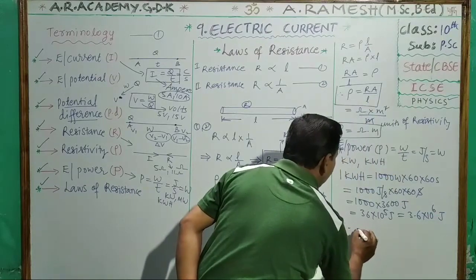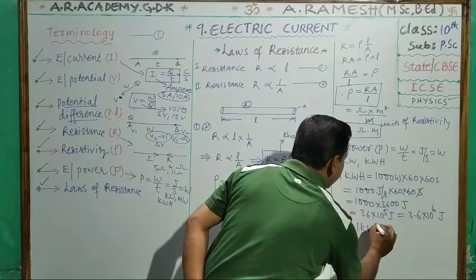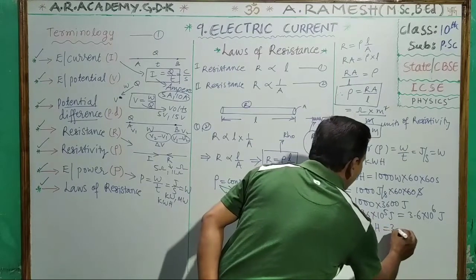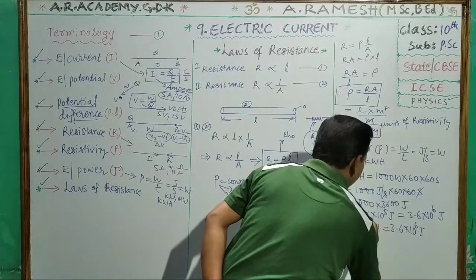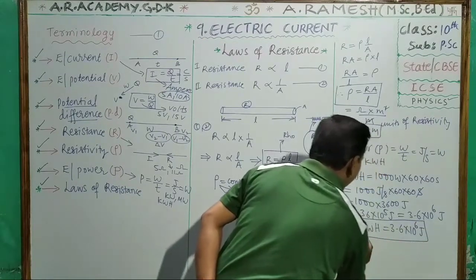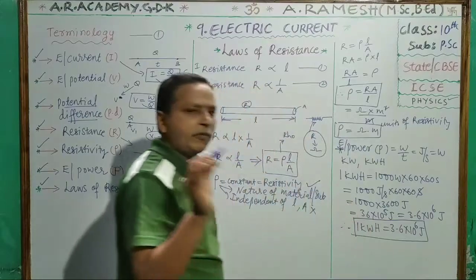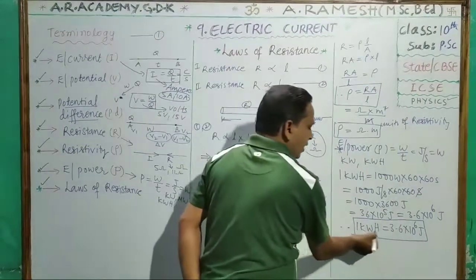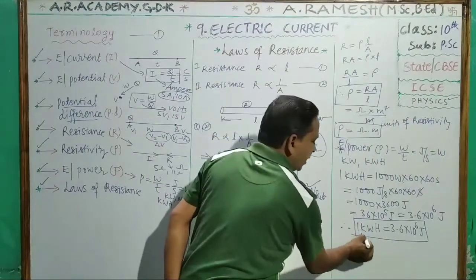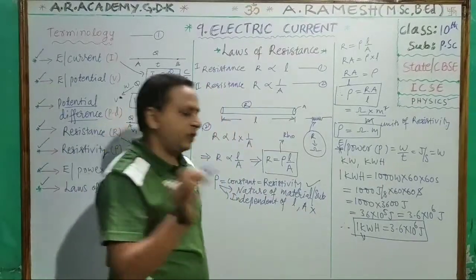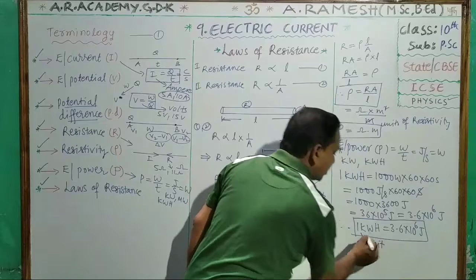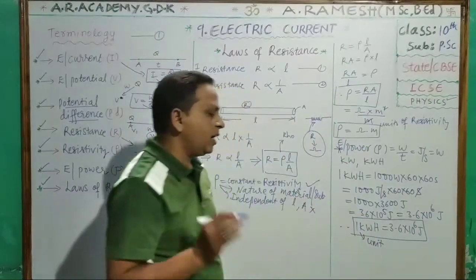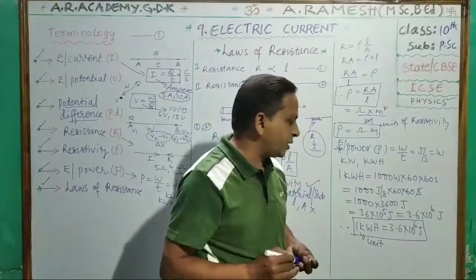Finally, we can write 1 kWh equals 3.6 into 10 to the power of 6 joules. This kWh, remember children, is used in current bills. In current bills, 1 unit is 1 kWh, which is 3.6 into 10 to the power of 6 joules.